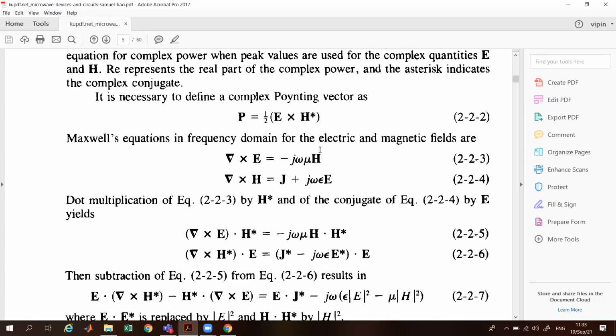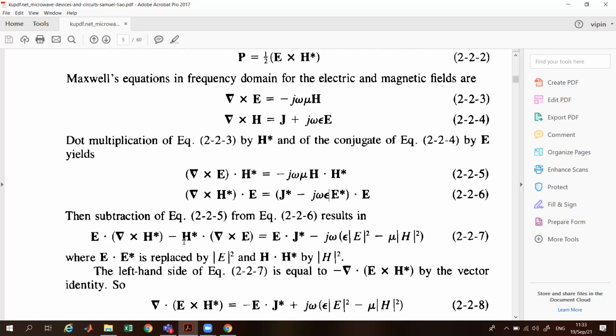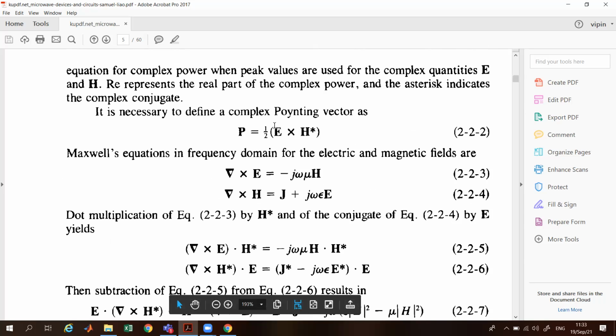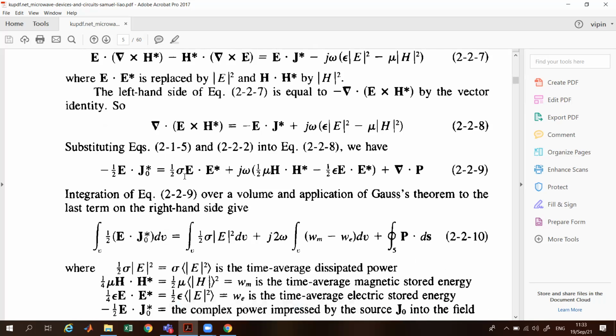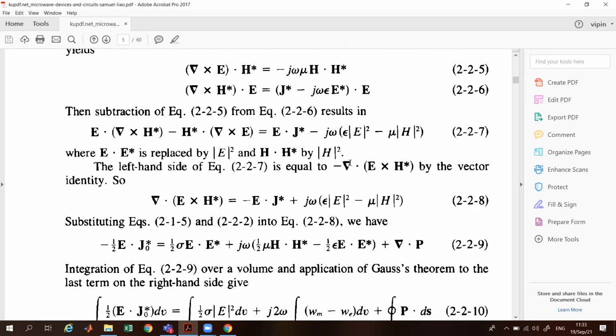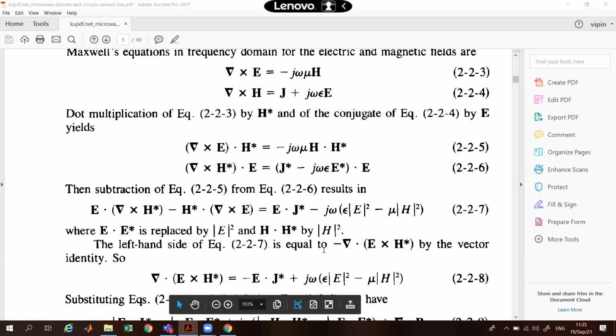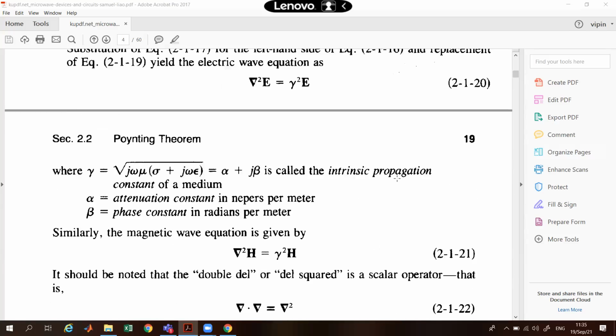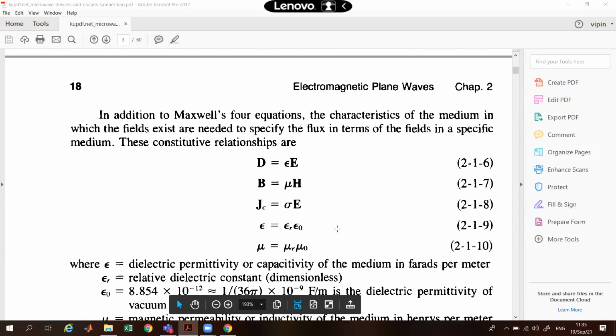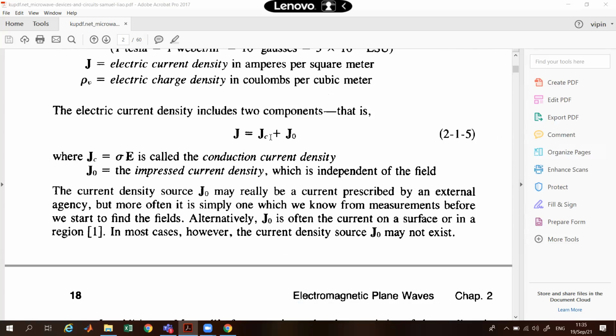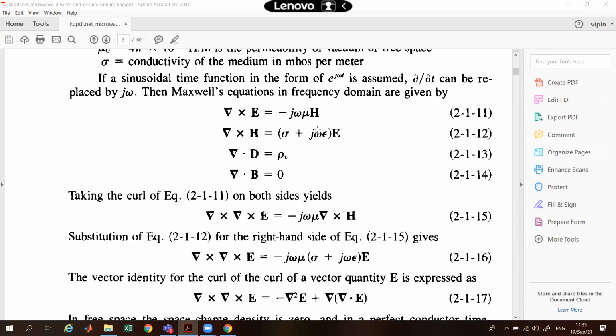If we put all these values into this equation, then it will be half sigma E vector dot E star, plus j omega half mu H dot H star, minus half epsilon E vector dot E star, and then plus divergence of the Poynting vector P. So we are using this equation, J vector equals J_c plus J naught.